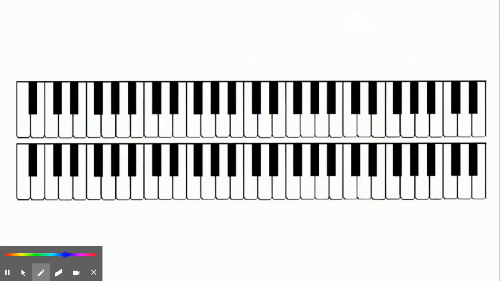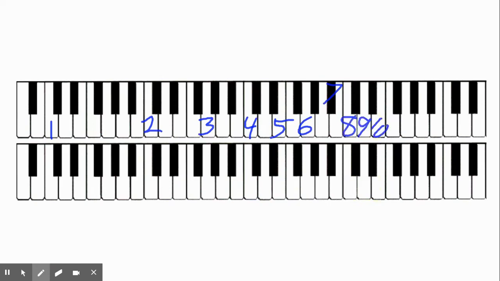Moving on to a 6th, starting from C, 1, 2, 3, 4, 5, 6, 7, 8, 9, 10. A major 6th up from C is A. 1, 2, 3, 4, 5, 6, 7. I don't have to go higher. Our coincident partials line up here and here.